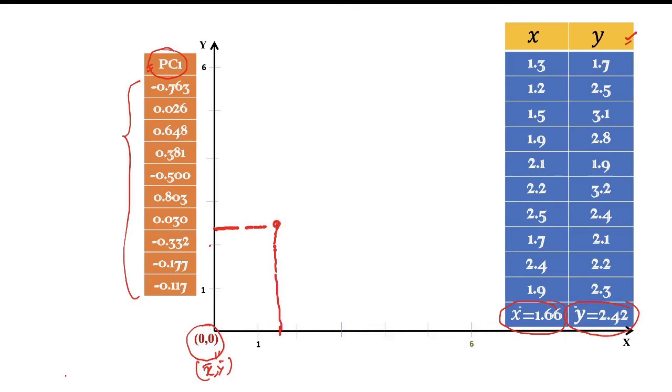This is the new origin for plotting the PC1 components, given by 1.66 comma 2.42, and we will draw the x-axis and y-axis this way. This is the new x-axis and this is the new y-axis; this side is negative values of x, and this way is positive values of x.